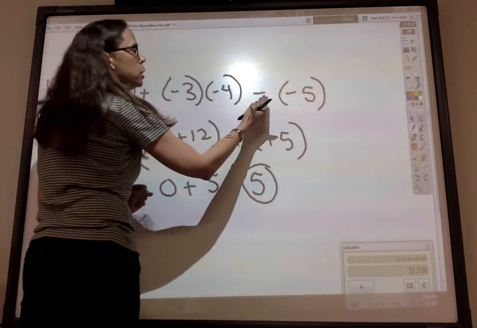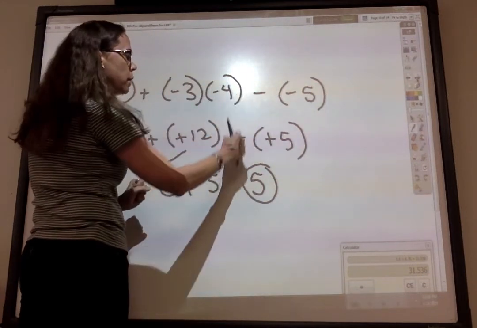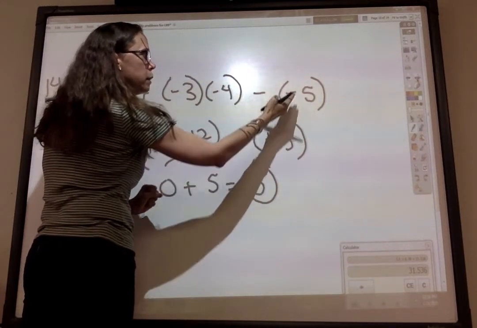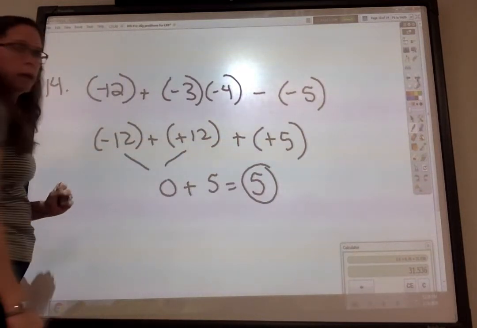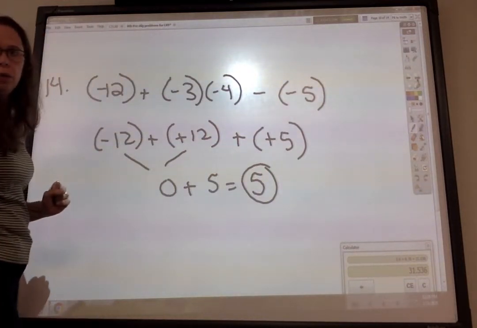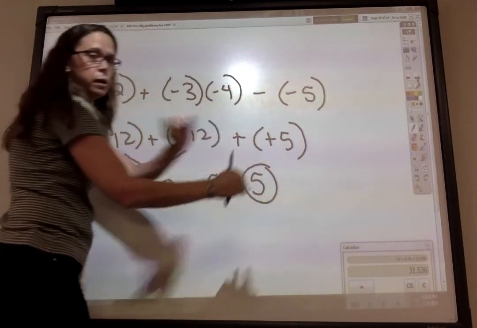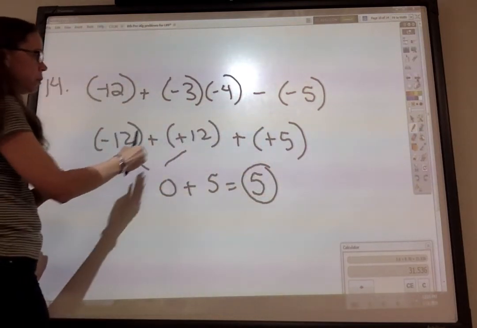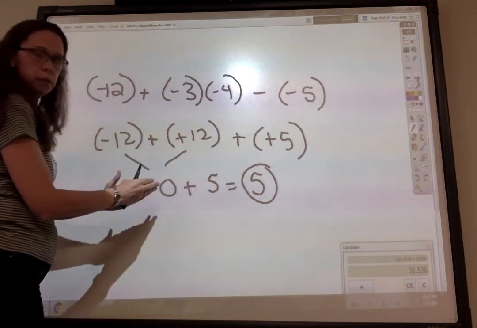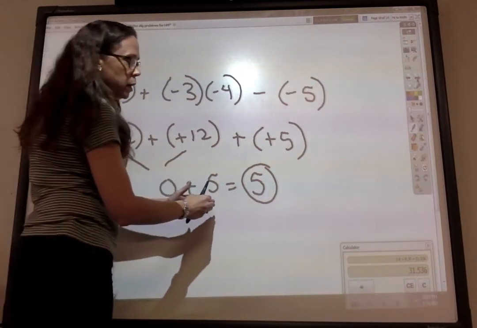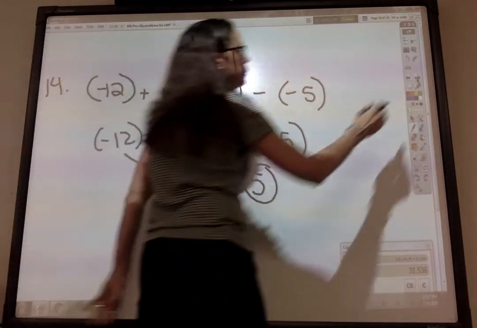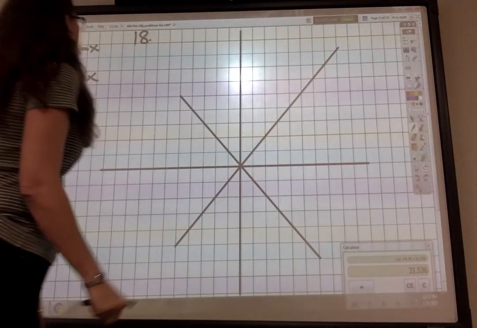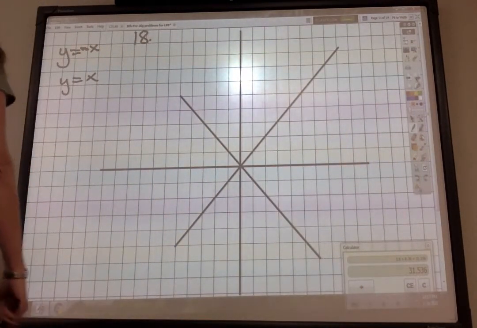I have subtraction here. Instead of subtracting, I'm going to add the opposite. The opposite of negative 5 is positive 5. Now I need to add from left to right. Negative 12 plus a positive 12 results in 0. Plus positive 5 gives me an answer of 5.